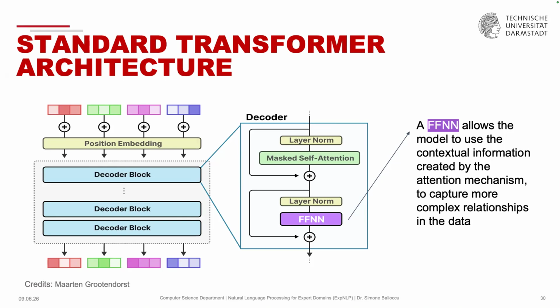Each decoder block consists of a layer norm, a masked self-attention, and then another layer norm, and a feed-forward neural network at the end. And this feed-forward neural network is very important. It actually uses the contextual information created by the self-attention mechanism and uses it to capture more complex relationships in the data.